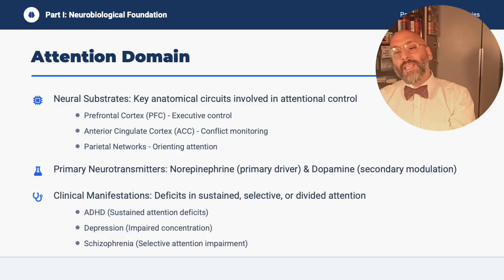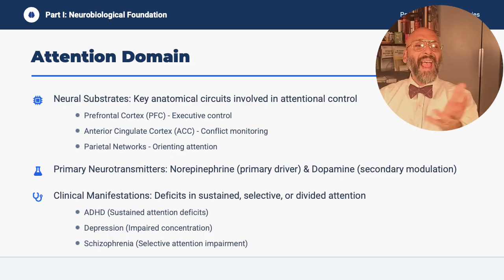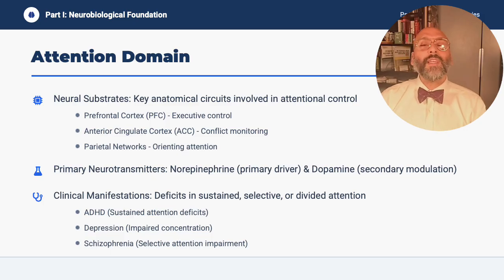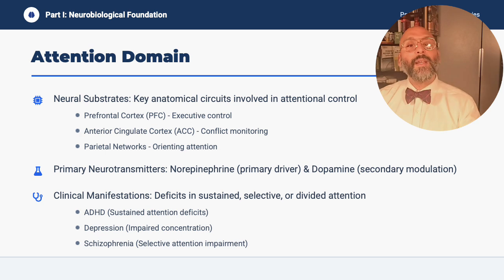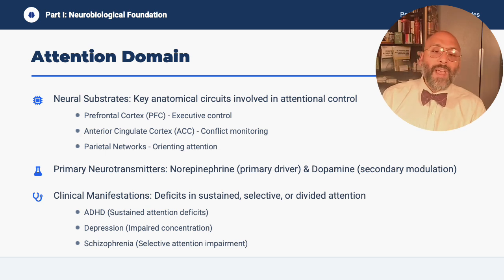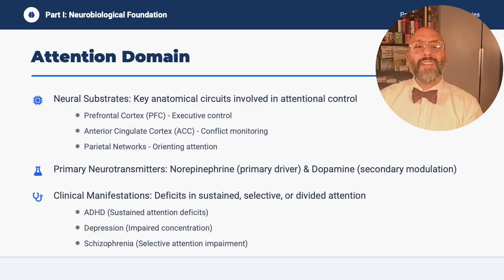The anterior cingulate monitors the conflict and effort, and the parietal networks help orient attention in space toward the stimuli. So neurochemically, we're talking about things like norepinephrine as the primary driver, and dopamine plays that secondary modulator role, especially in the prefrontal cortex. But attention problems are not automatically dopamine problems. You see, the distinction matters clinically.